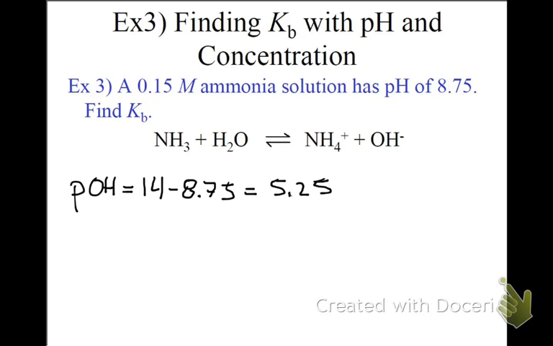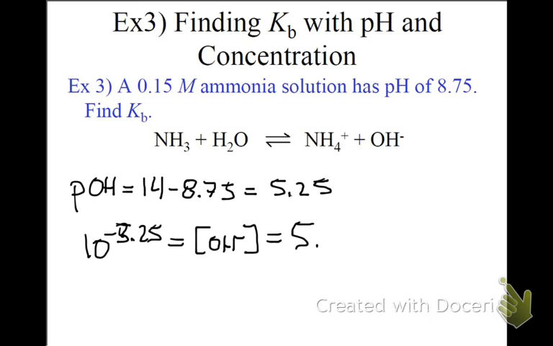And we can take 10 raised to the power of negative 5.25, and that will give us the OH minus concentration, which we can then find to be 5.6 times 10 to the negative sixth.